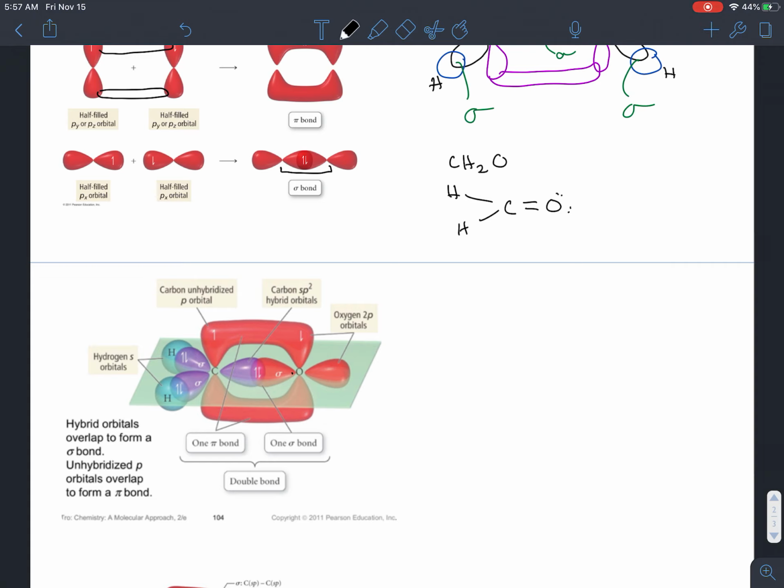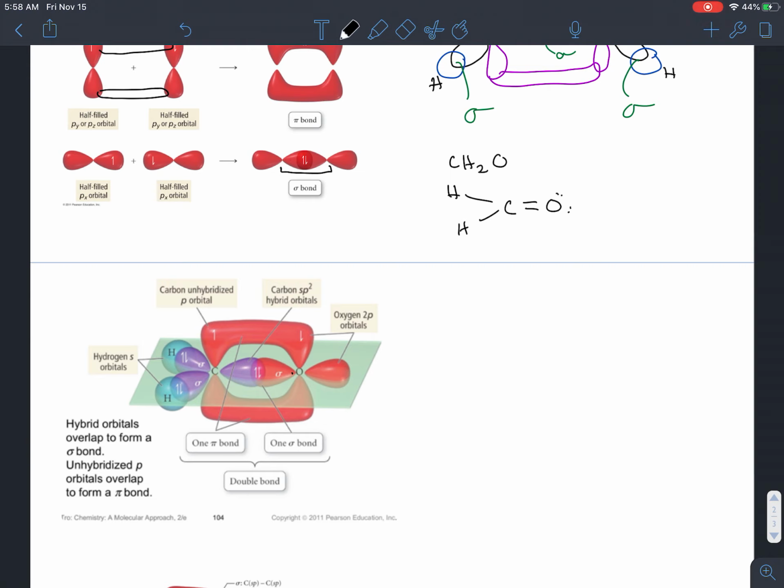And then you have another p orbital that overlaps with the carbon p orbital that was unhybridized. And then you have the hybridization orbitals with the hydrogen as well. And this is just a good representation of where that three-dimensional shape is coming from and indicating all of the bonds, not just single bond arrangement.